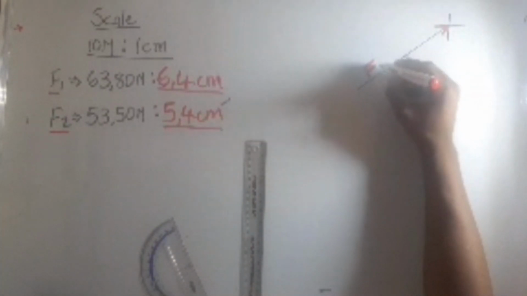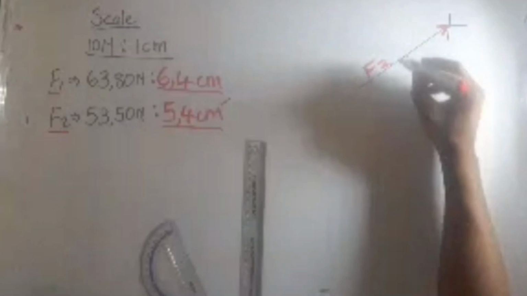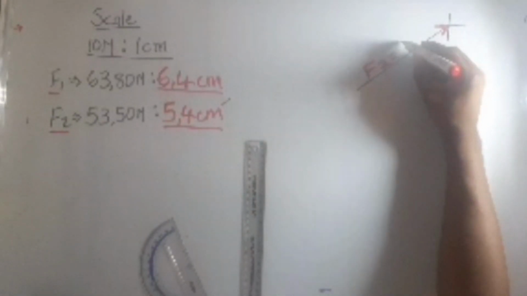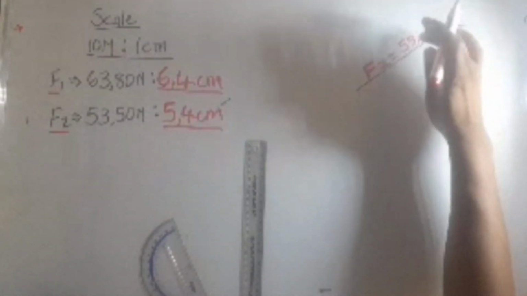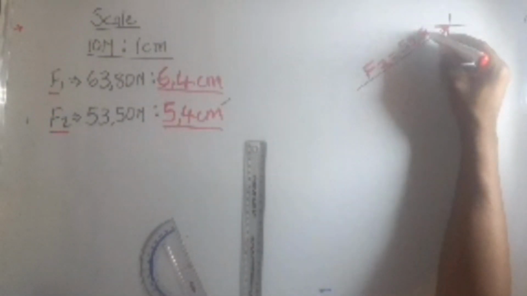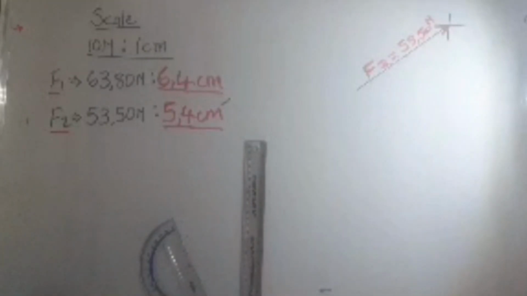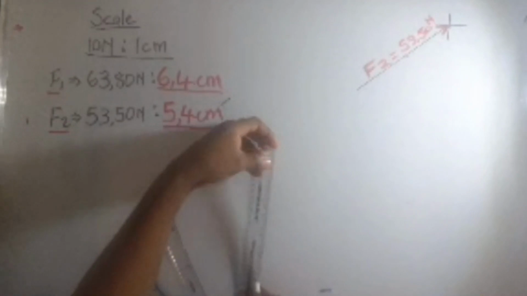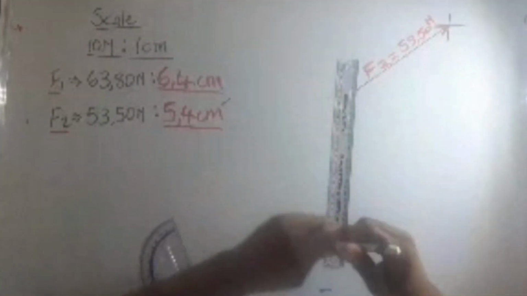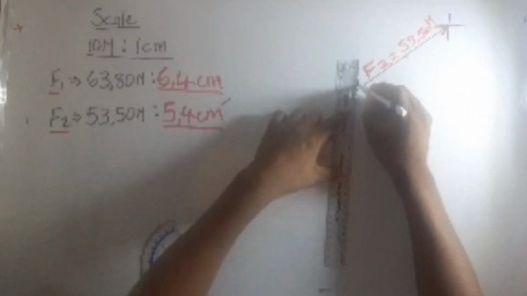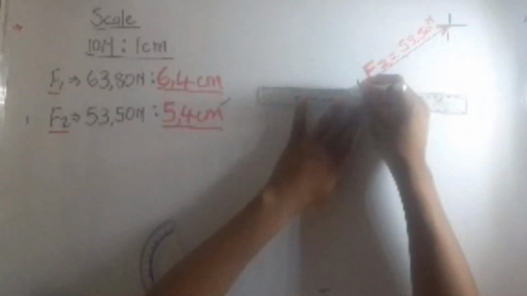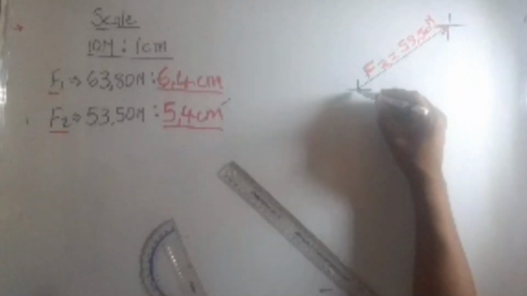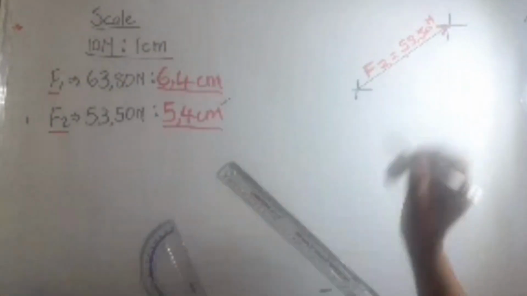So it's F2, which is 5350 newtons. Then we draw again a small Cartesian plane at the tail of this vector. A small Cartesian plane at the tail of that vector.